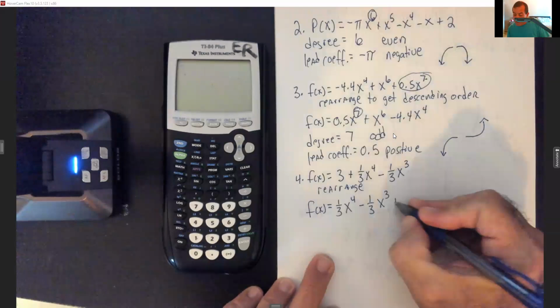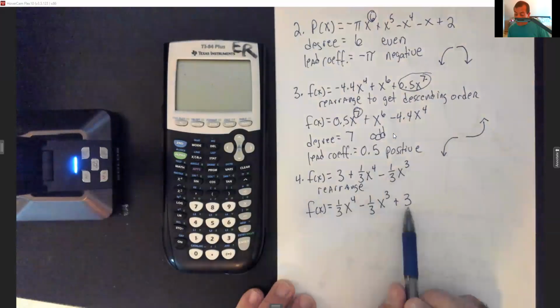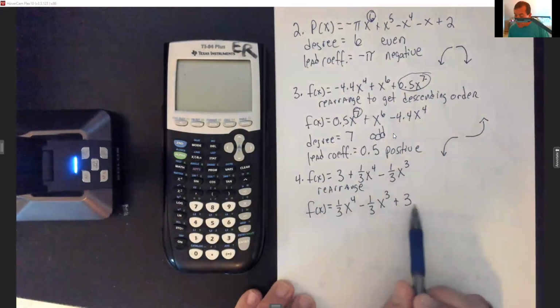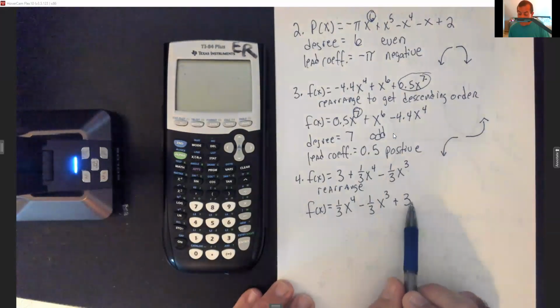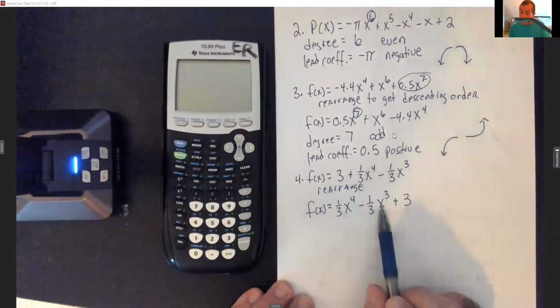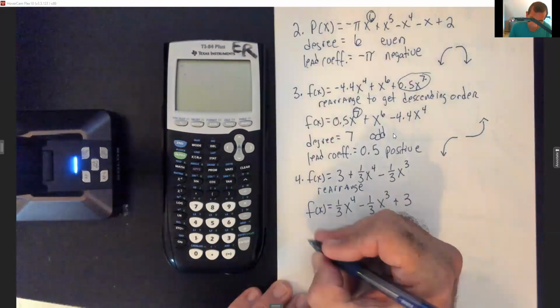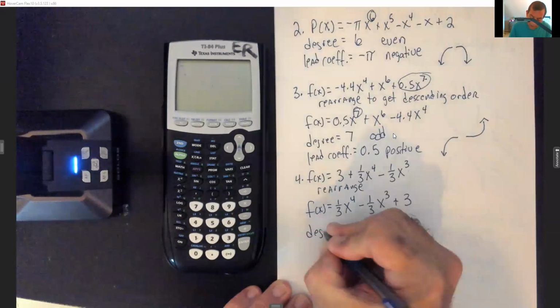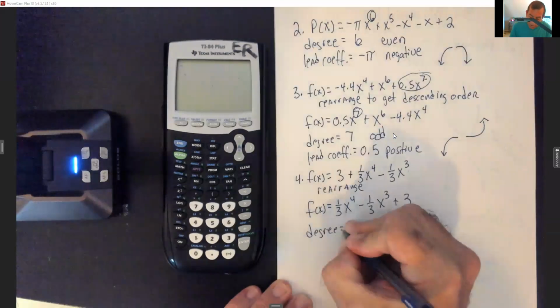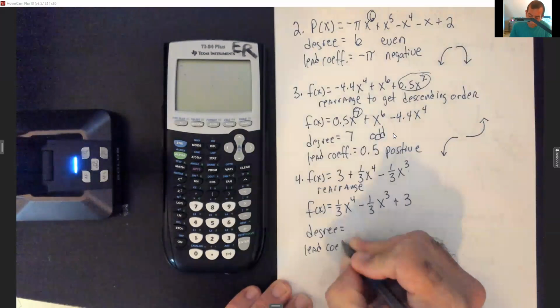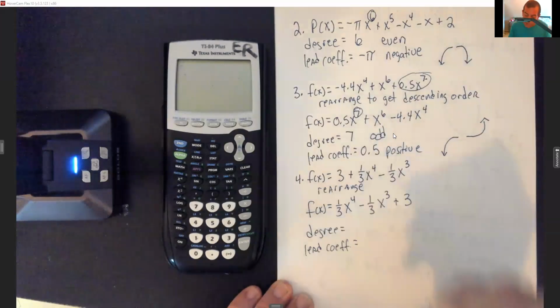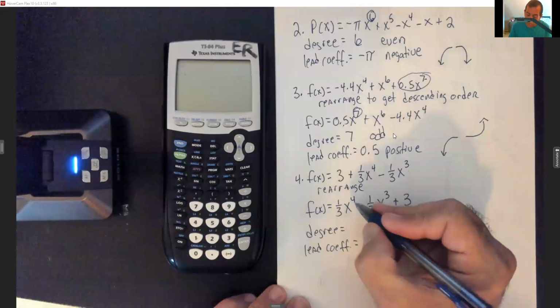Y'all, these numbers that don't have variables, we call them constant terms because they never change, right? It's always going to be a 3 since it don't have no variable to be multiplied by, okay? All right, so I need my degree and my lead coefficient. So our degree this time is a 4, so that is even.